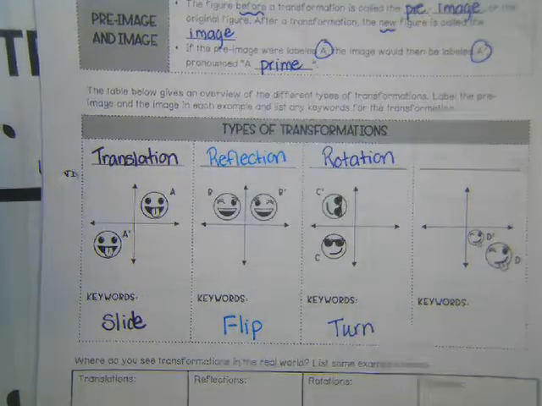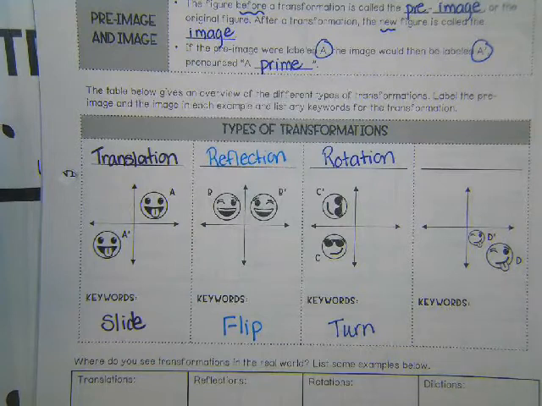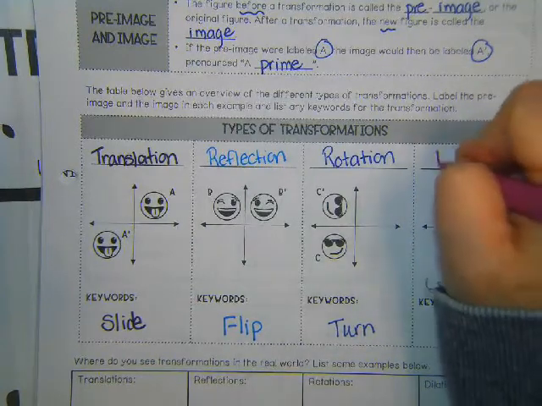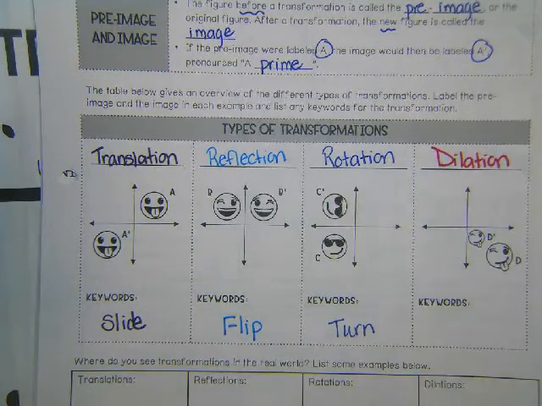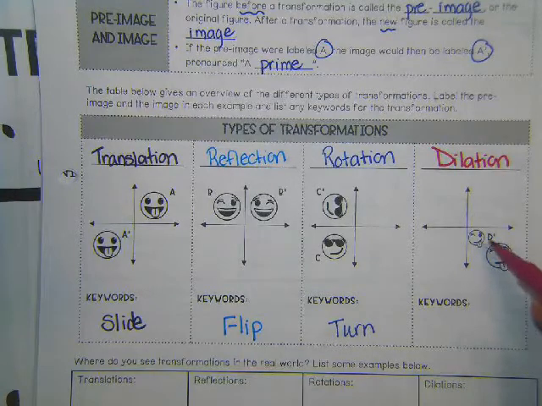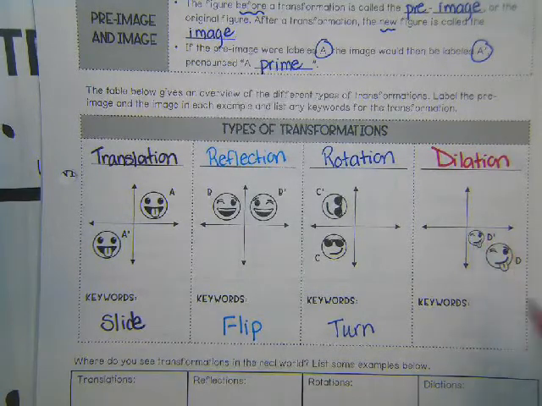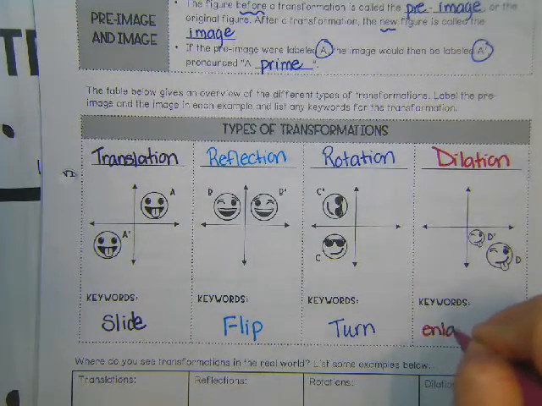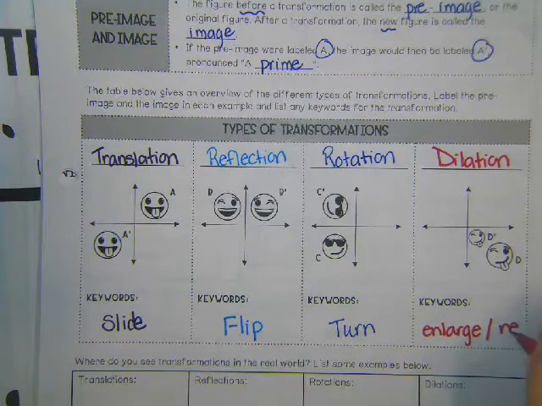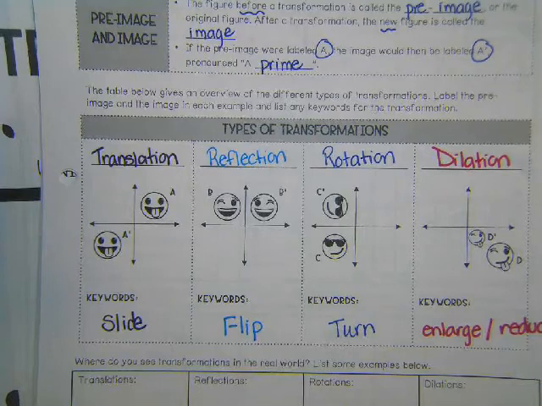Okay, and then in our last one here, this is called a dilation. This one is our image. This is our pre-image. Here is our image, and this is to enlarge, or it could be to reduce. So now we're going to go back and take a look at these. It also said to label the pre-image and the image.